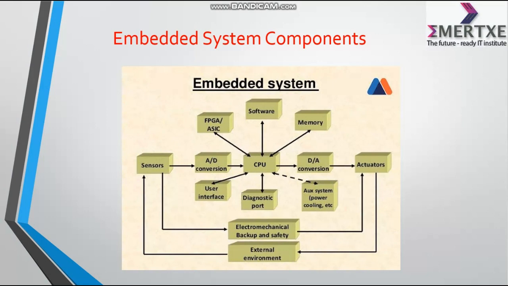So to balance the temperature, we also have an external environment connected to the sensors and actuators. These take care of the sensing part and the value detection in any situation.